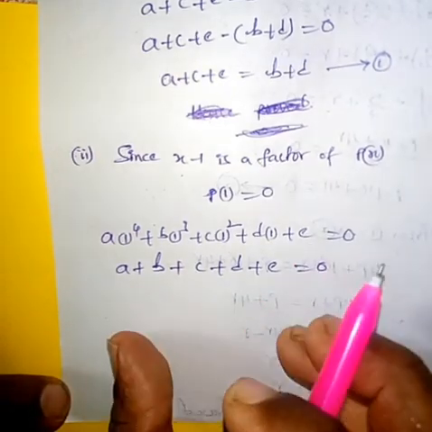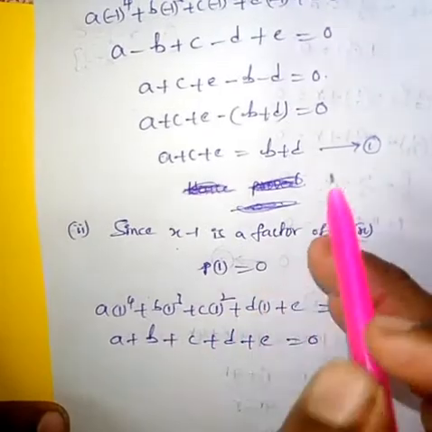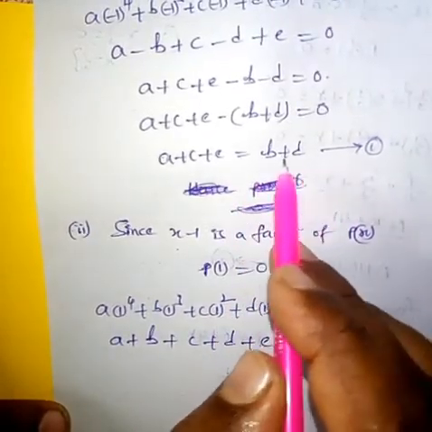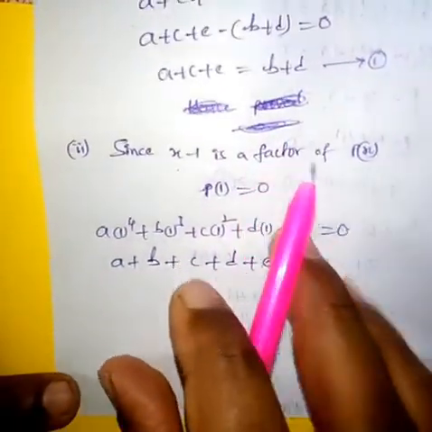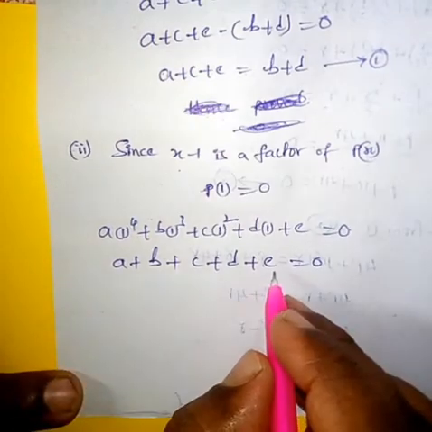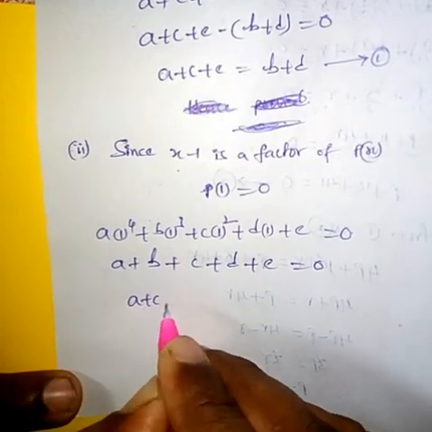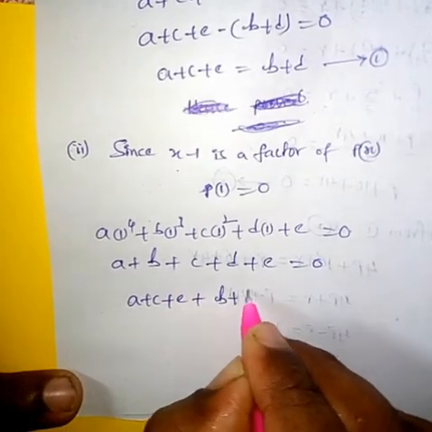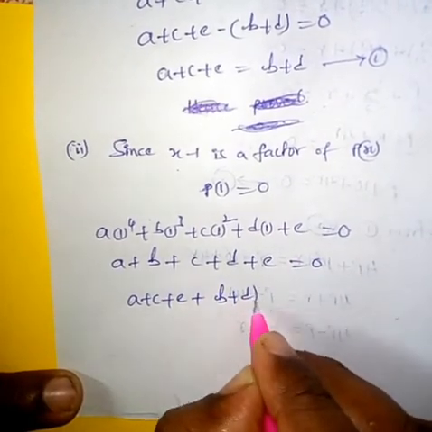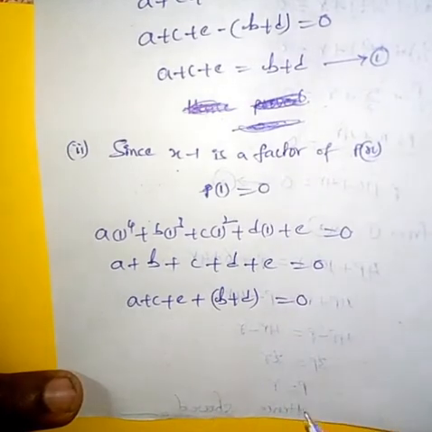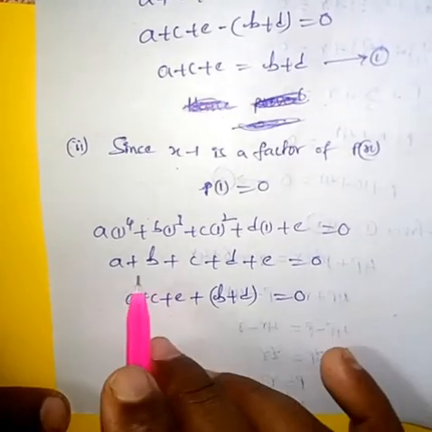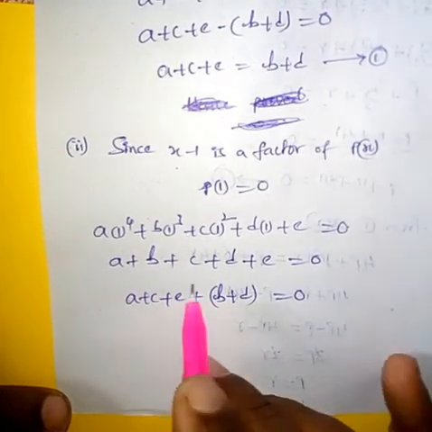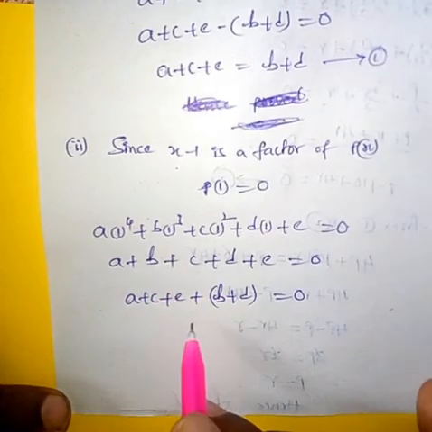That's why I'm writing this based on the first equation, as a plus c plus e plus b plus d is equal to 0. You can write it any way by changing their places.